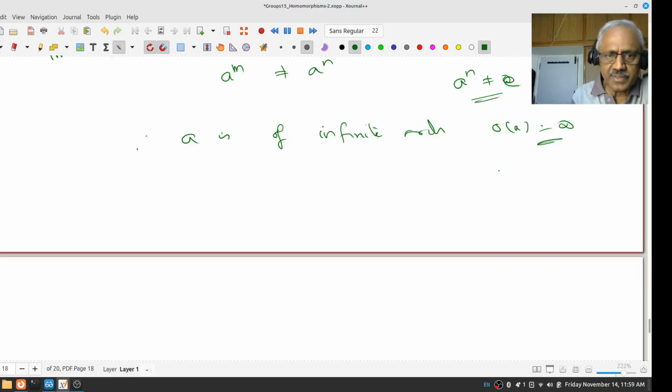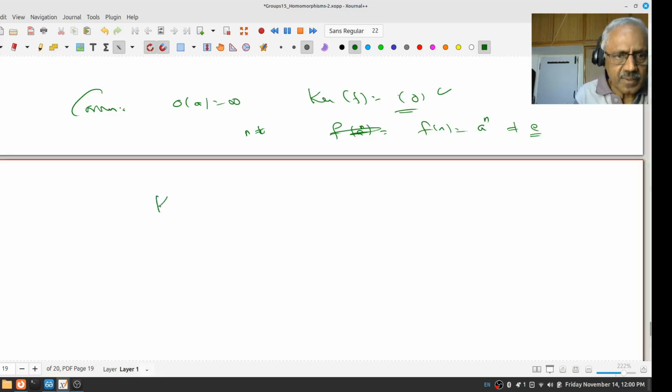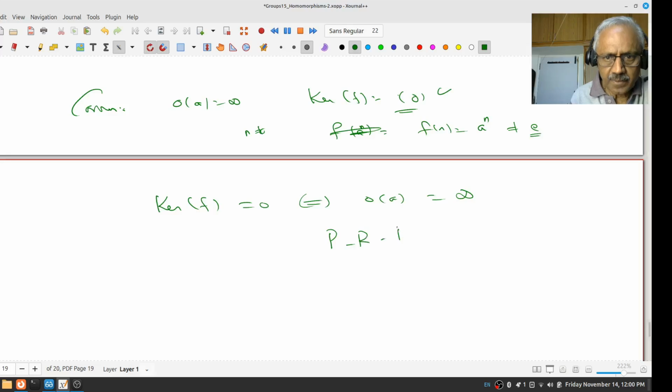Conversely, if a is of infinite order, then kernel of f equals 0, because f of n is a power n, and for n not equal to 0, a power n is never identity. Therefore, kernel is 0. Is that clear? Therefore, what you have seen is kernel of f is 0 if and only if order of a is infinite. Pause, review, proceed.